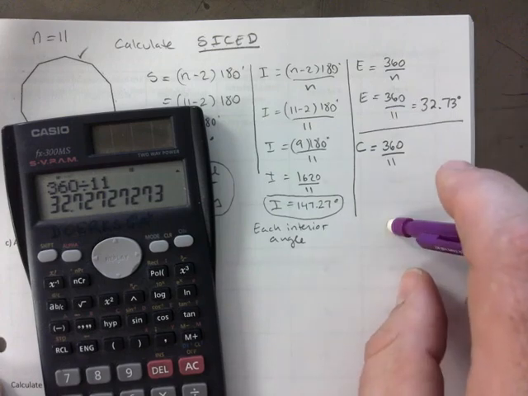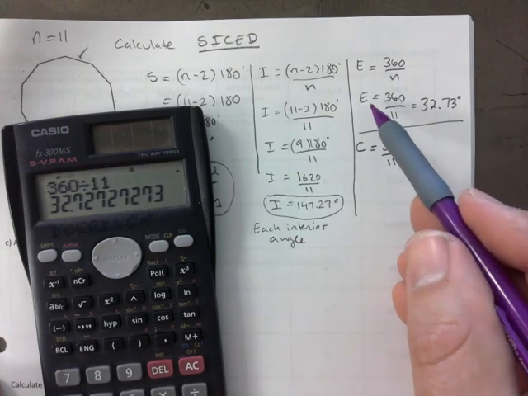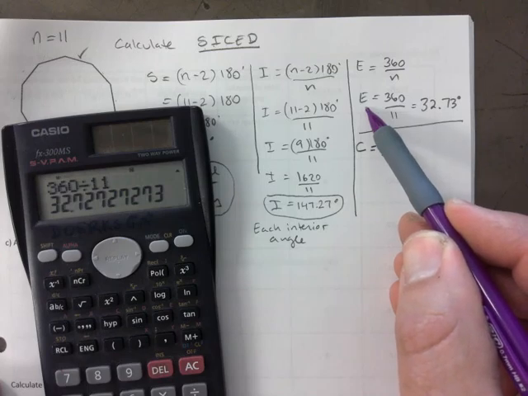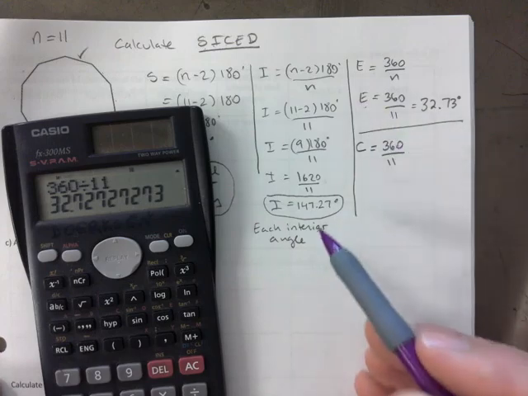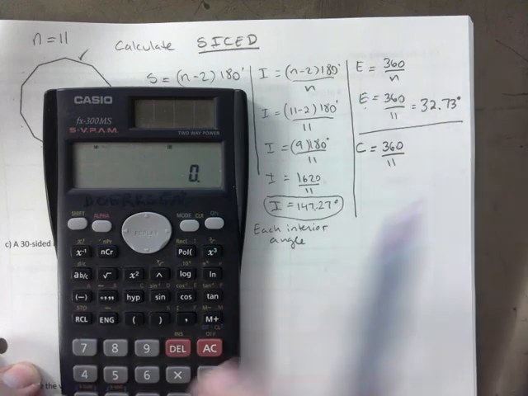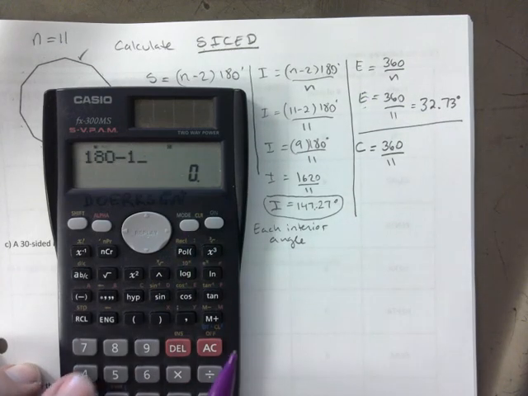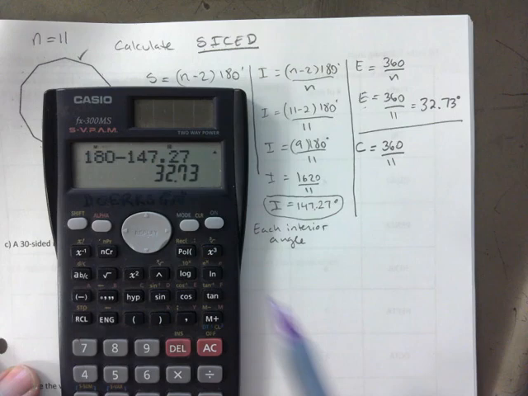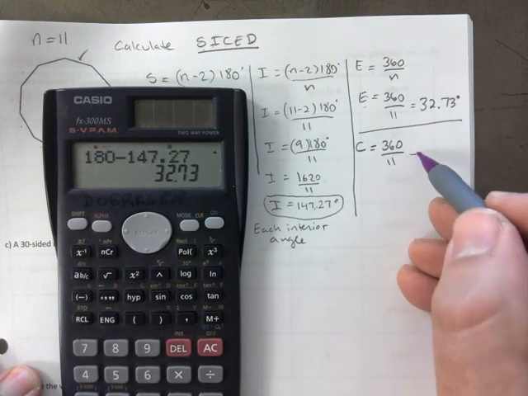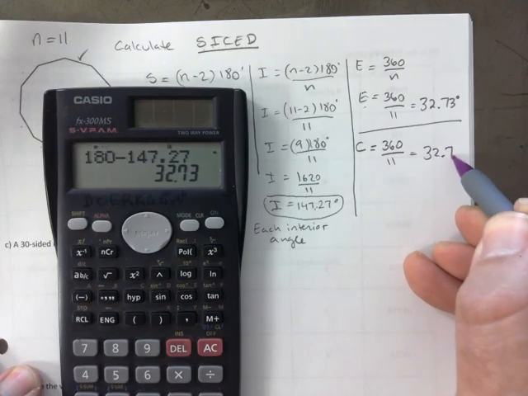How else could you have found the exterior angle? By subtracting from 180. If you have your interior angle, you know these two add up to 180. So you could go 180 minus 147.27. You still get the same answer. Okay. Wow. I know.